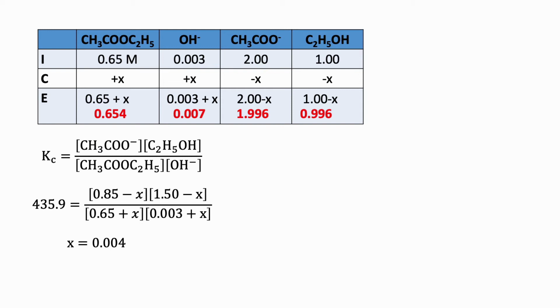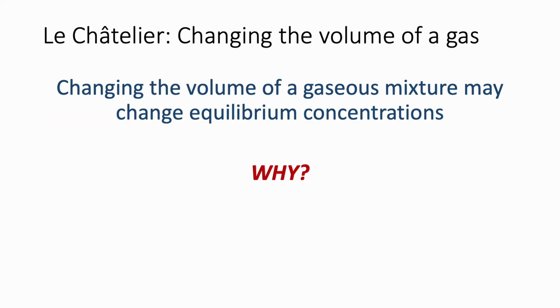So now I want to talk about Le Chatelier's principle applied to things that aren't concentrations. So for example, if you have a mixture of gases at equilibrium and you change the volume of that gas, the concentrations of the components of your gases may also change. Why would that be true?